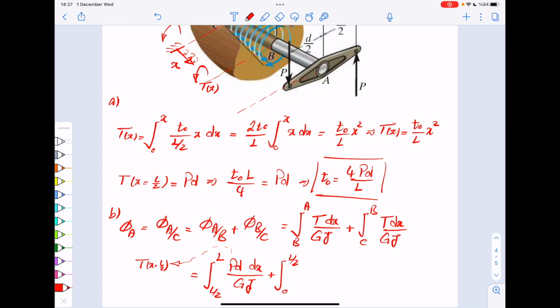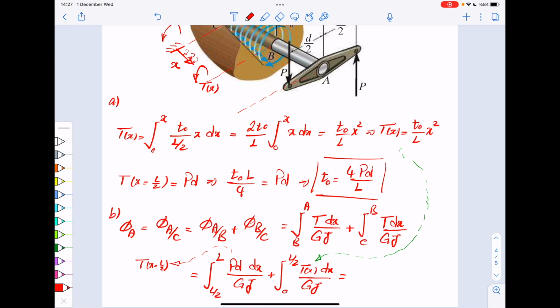Now, Tx is just what we had up there, dx divided by GJ. And as I mentioned, this Tx here is nothing but what we had there.